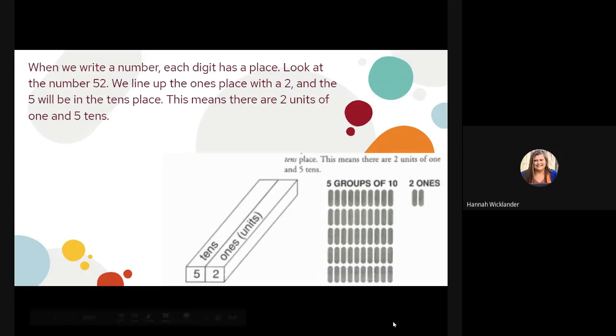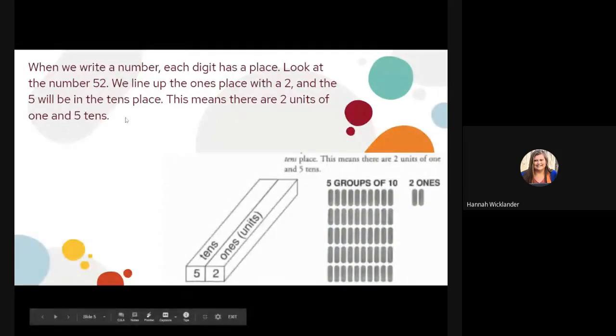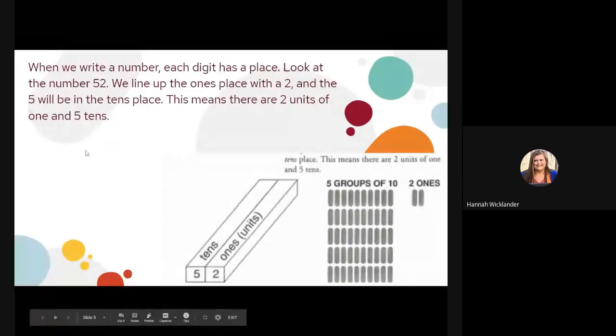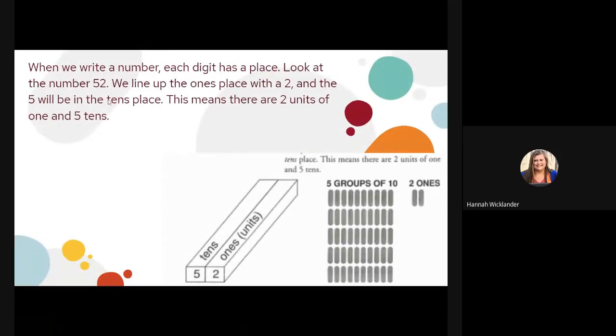This means there's 2 ones and 5 groups of 10. So each row is 10, and there's 5 total, so 50. And then 2 ones, so 50 plus 2 is 52. Whenever we put a number in the place value chart, we always take the last number, so this one's a 2, and we put it in the 1 spot. The last number of the number always goes in the 1 spot.